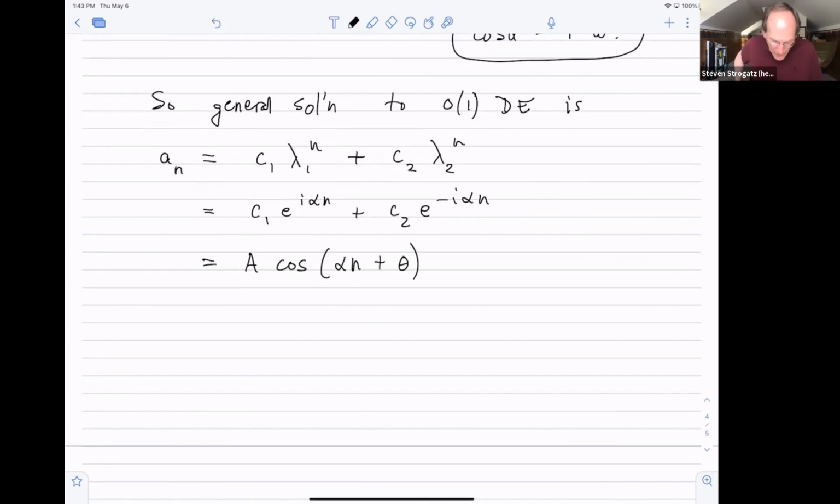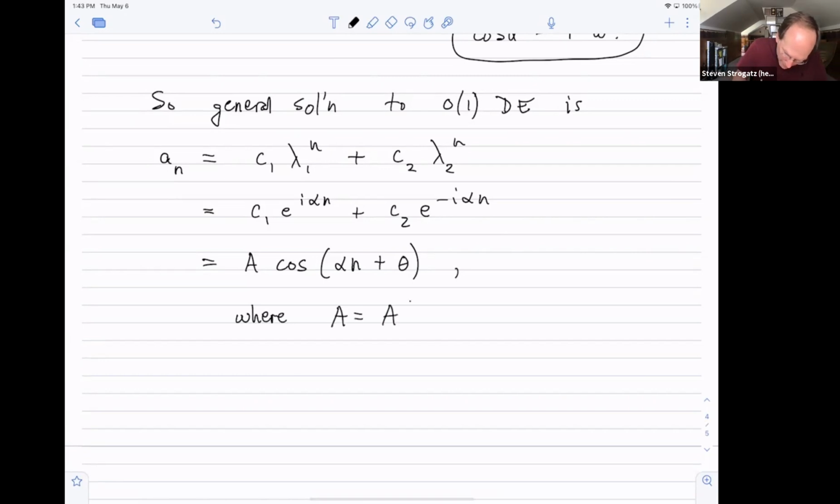But the interesting thing is that the A and the theta, keep in mind, we've been solving the problem in terms of the fast time scale n. These constants are not really constants. They're constants on the fast time scale, but really what they are is functions of the slow time s, just as in any multiple scale calculation.